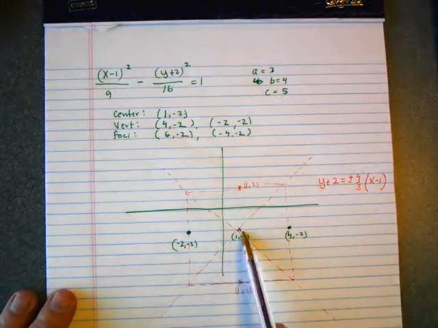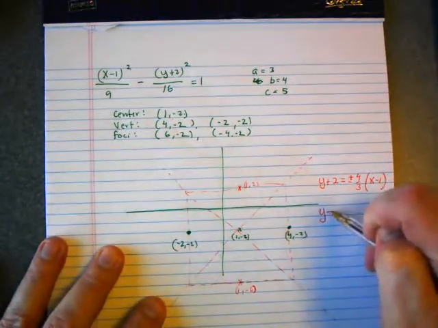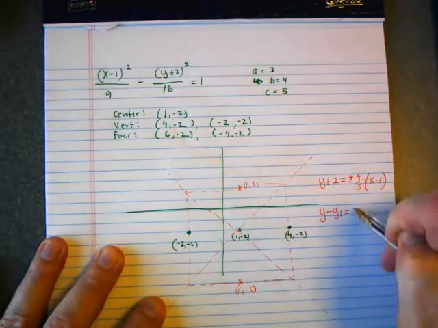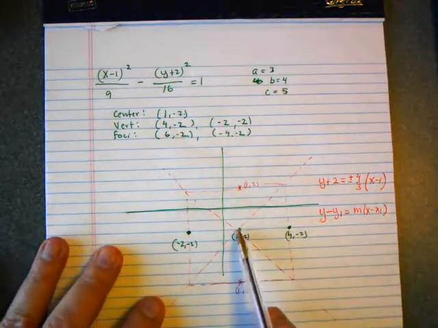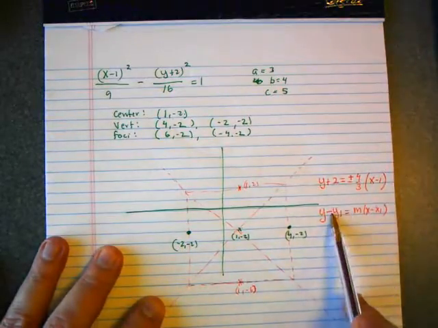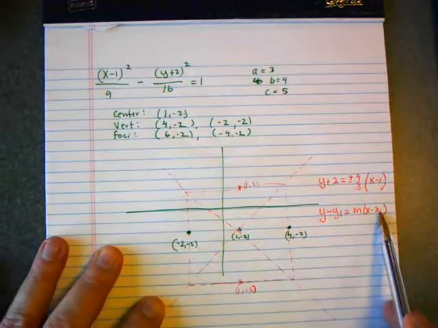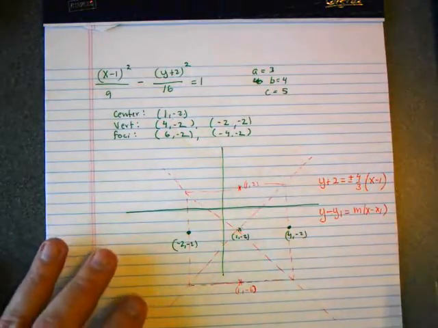It's the center because they go through that point, don't they? So what I used is the formula y minus y1 equals m times x minus x1, where I know they go through that point. So I used the negative 2 for the y1 number, I used the 1 for the x1 number, and then I used my slope. From looking at the picture, I can see my slope is 4/3.